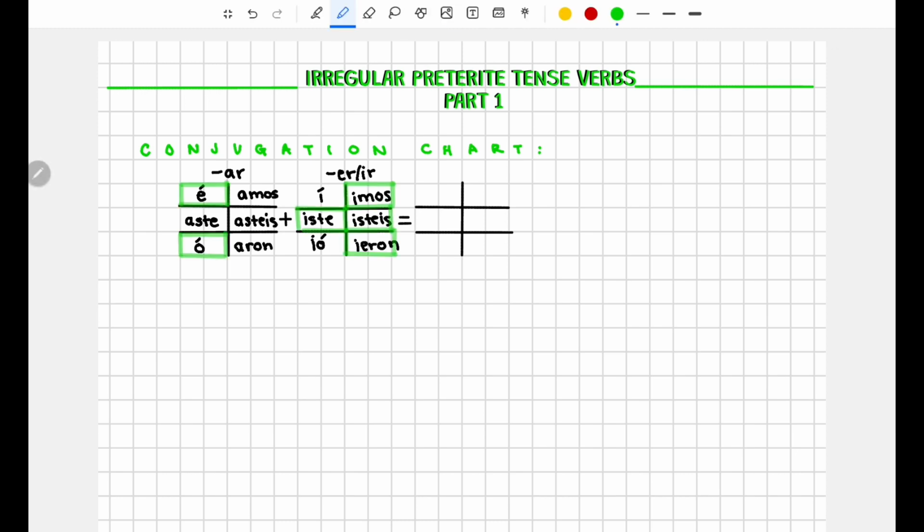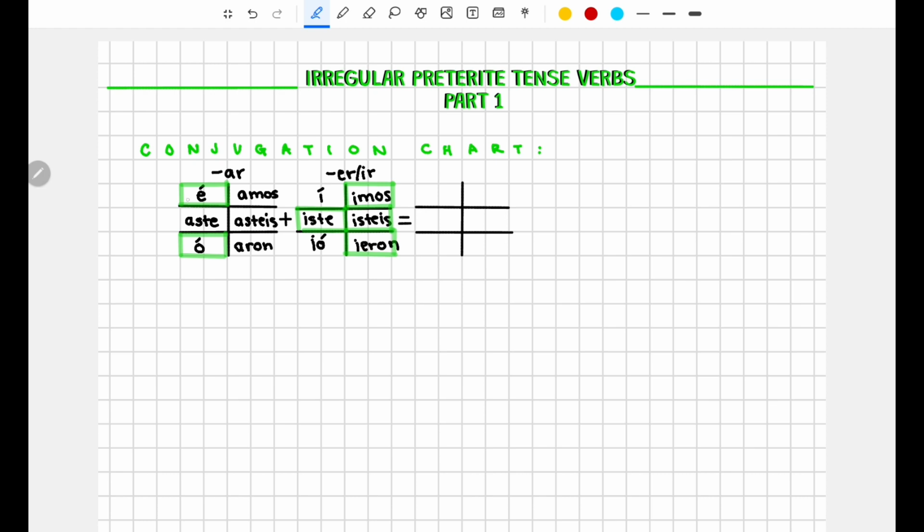To get the conjugation chart for the irregular preterite tense verbs, basically we use the entire ER-IR conjugation chart except in the yo form and in the él, ella, usted form. So the parts I've highlighted, let's read out how the conjugation chart would look.